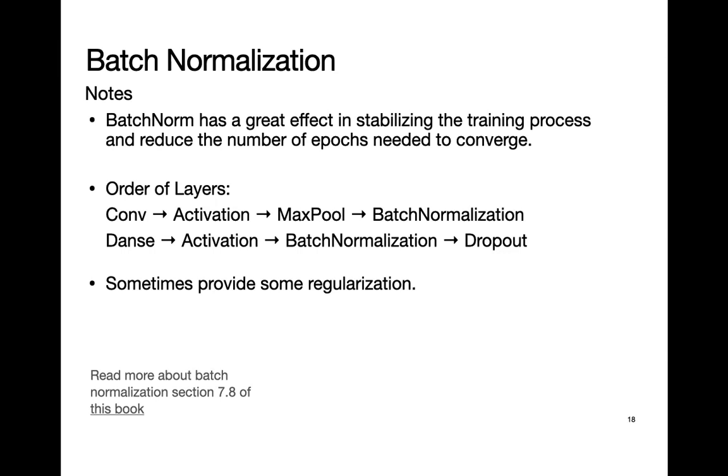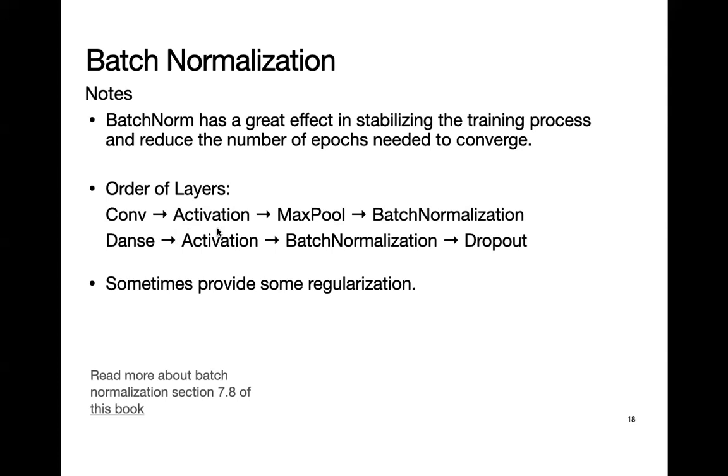So in general, what is the order of the layers? For convolutional neural networks, you have the convolutional layer, then the activation, and then the batch normalization. There's a debate whether you should apply batch normalization before or after the activation. This can also be one hyperparameter for you, so you can try and see what works best.